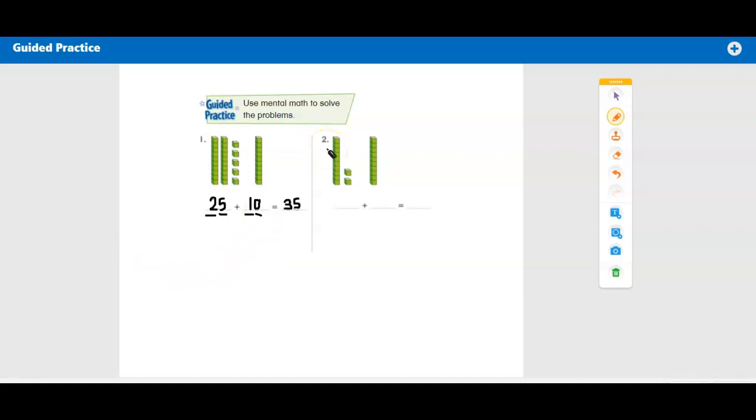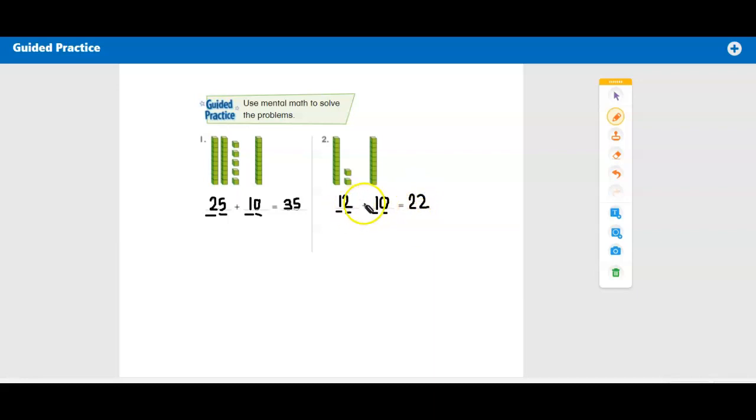Let's look at number 2. Number 2 shows 10, 11, 12 plus 10. 1 plus 1 is equal to 2. 2 plus 0 is also equal to 2.